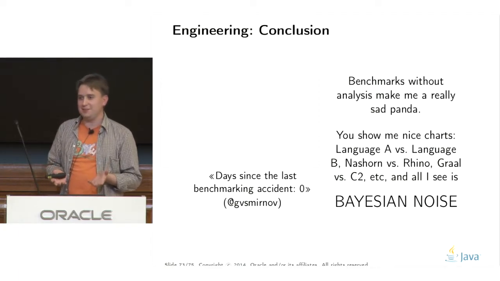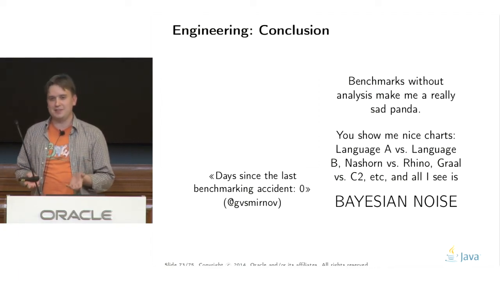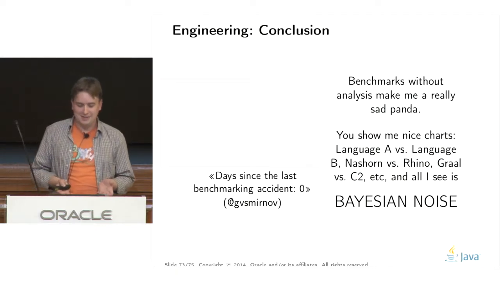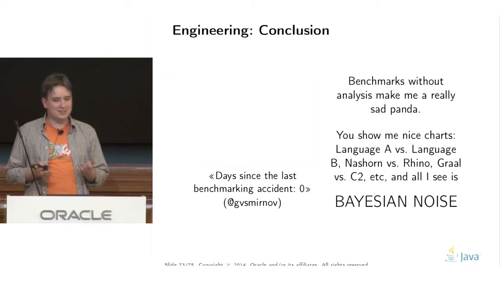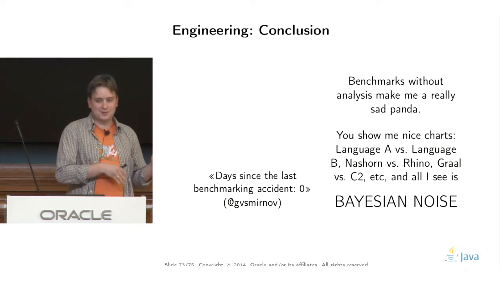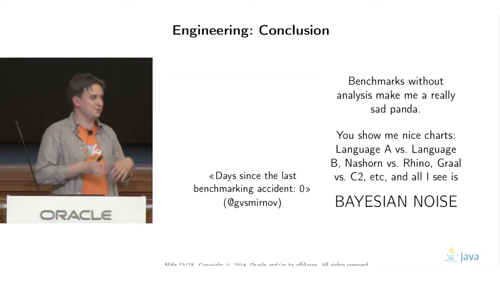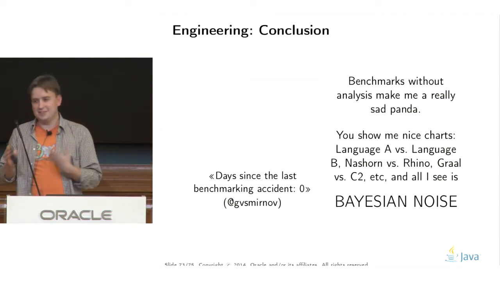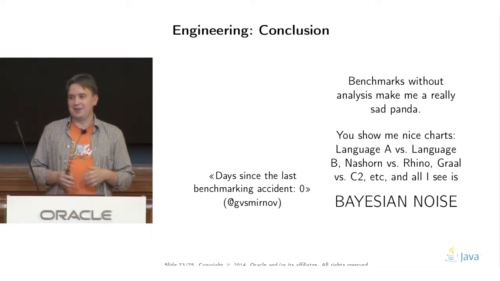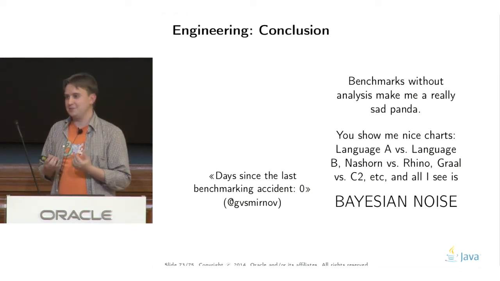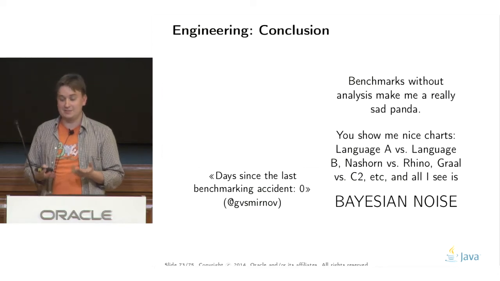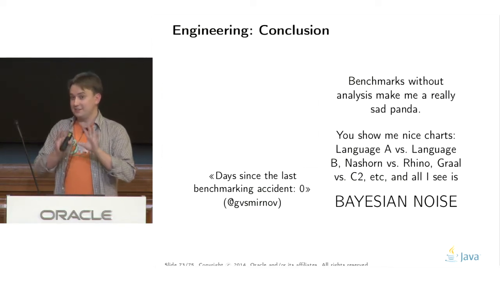So, benchmarks without this kind of analysis really make me a very sad panda. You can show me the nice charts. This is language A versus language B, or this is Nashorn versus Rhino, or this is Graal versus C2. And all I see there, if I don't hear the explanations for these numbers, is some sort of noise. It's not white noise.